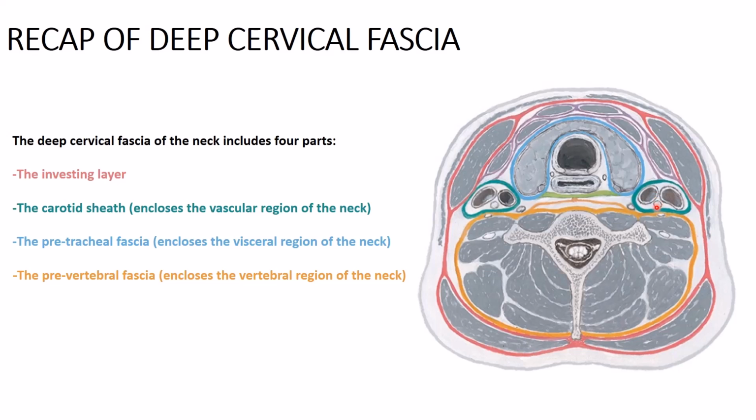Just behind the carotid sheath, we can find the prevertebral fascia. And just anterior to the carotid sheath, we will find the ansa cervicalis, as we will see in the next few slides.